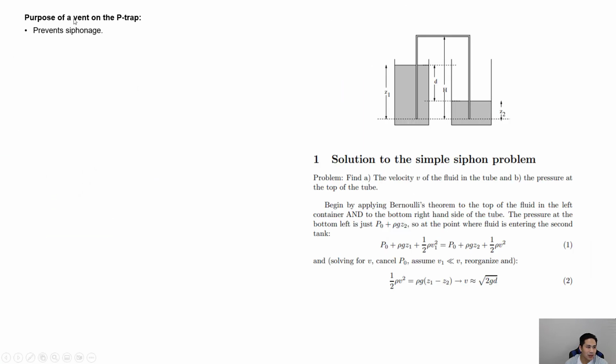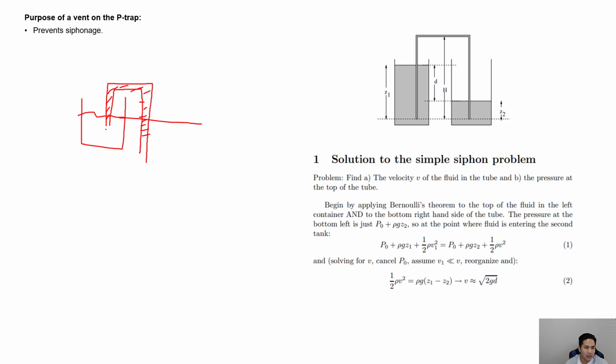So the purpose of a vent on the P-trap is that it prevents siphonage. And siphonage, you can kind of look here. Let's say you have a bucket of water here, and it looks like this. You have a tube that goes this way. Once the water fills the tube, let's say somehow we get the water to fill this tube here, and the water is now below this point.